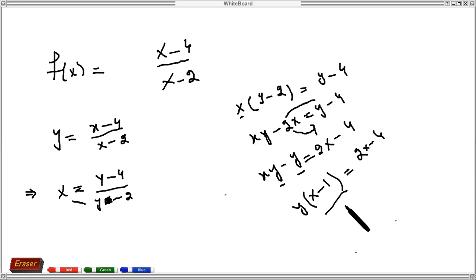So divide both sides by x minus 1. These two cancel. We have y is equal to what? y is equal to 2x minus 4 divided by x minus 1.